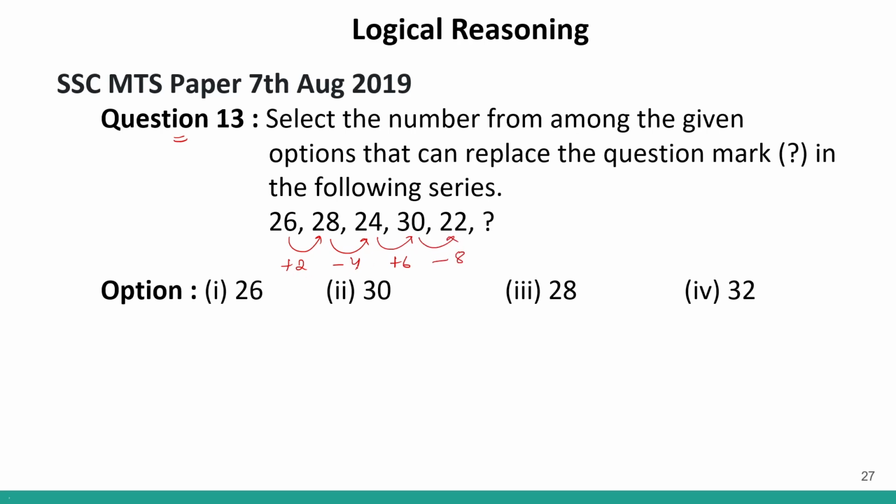So I can see that consecutive even numbers are being added and subtracted. So plus 2 minus 4 plus 6 minus 8. The next term will be plus and the next even number is 10. So we would simply add 10. If I add 10 and 22, I'll get 32 as my answer. This is given in option number 4. Therefore, option number 4 will be your correct answer to this question. Clear?